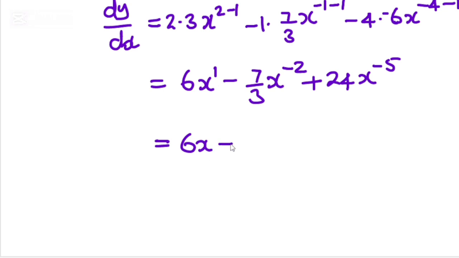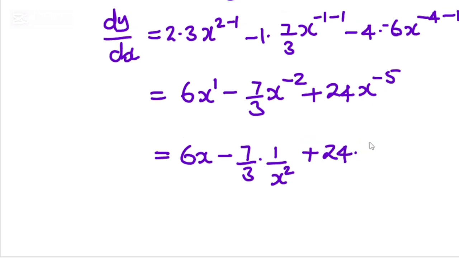So we have minus 7 over 3 times this is same as 1 over x squared plus 24 times this is same as 1 over x to the 5th power.